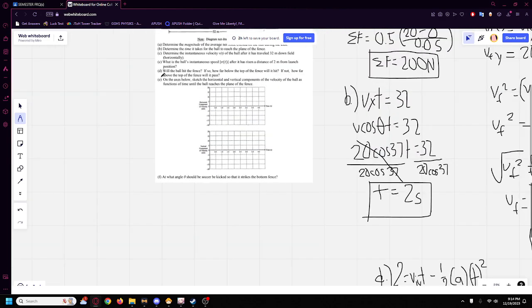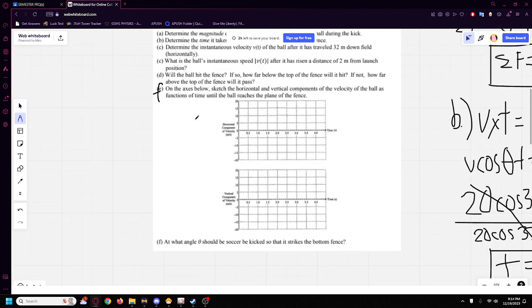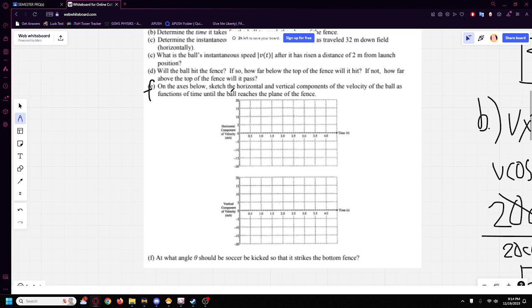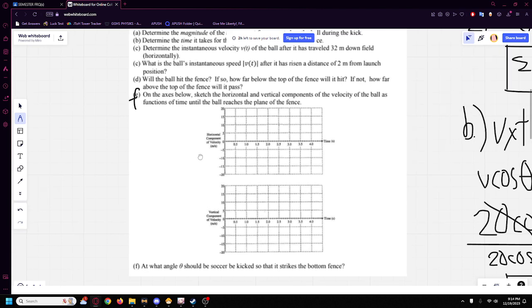So part F asks to sketch the horizontal and vertical components of the velocity of the ball as functions of time until the ball reaches the plane of the fence.